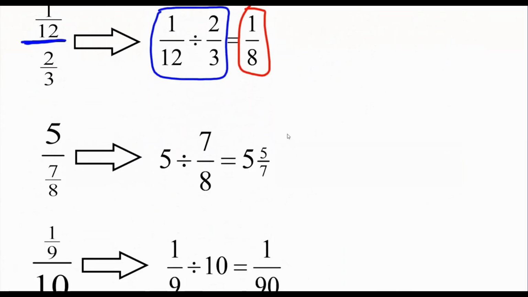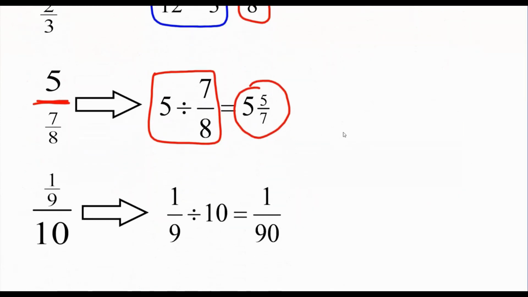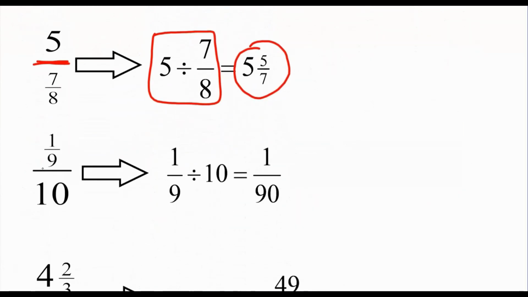Here again, 5 over 7/8, we can think of that as 5 divided by 7/8. So we take 5 divided by 7/8, and when you do that, you get 5 and 5/7. So 5 over 7/8 actually has a value of 5 and 5/7. And then 1/9 over 10, we can think of that as 1/9 divided by 10. And when you take 1/9 divided by 10, you get 1/90.